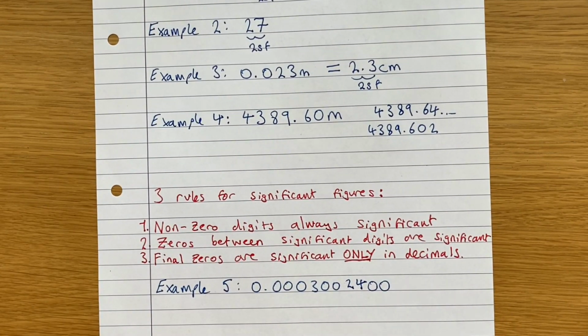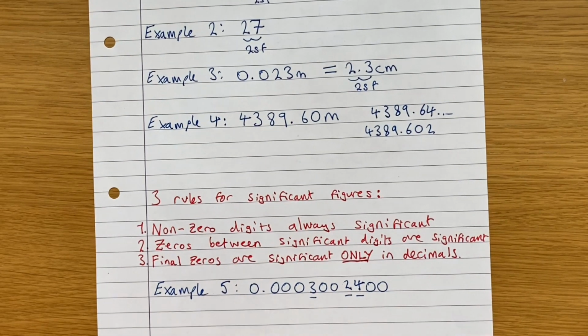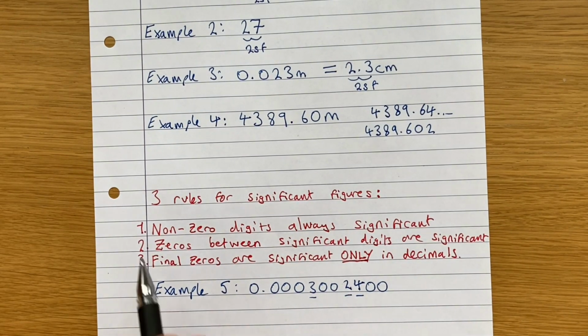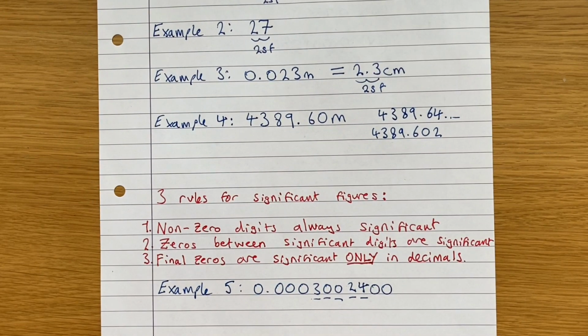Okay, so if we're asked how many significant digits are in here, well, non-zero digits are always significant. So we have at least those 3 are significant. Let's have a look at point number 2. Zeros between significant digits are significant. Well, we know that these are significant digits, so therefore these 2 must be too by rule number 2. And rule number 3, final zeros are significant only in decimals.